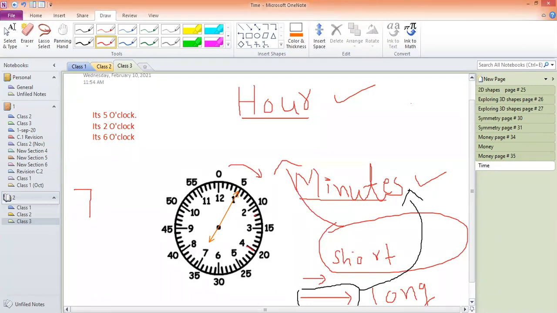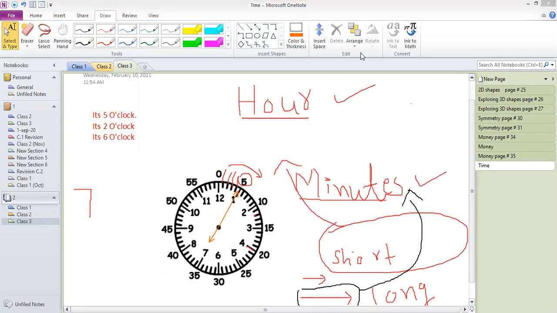And then how many minutes have passed? 1, 2, 3, 4. And it's also written here that 5. So that means 5 minutes have passed after 7. It was 7, but 5 minutes have now passed.